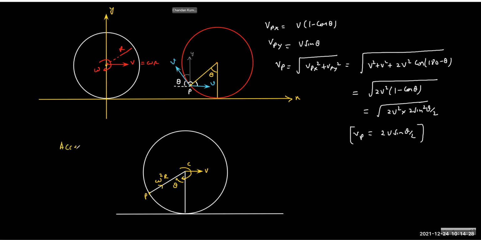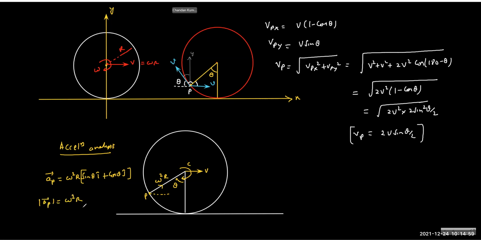So we can write, in short, the acceleration analysis. The acceleration of point P in vector form will be omega square r times (sin theta i cap and cos theta j cap), and the modulus is definitely omega square r.